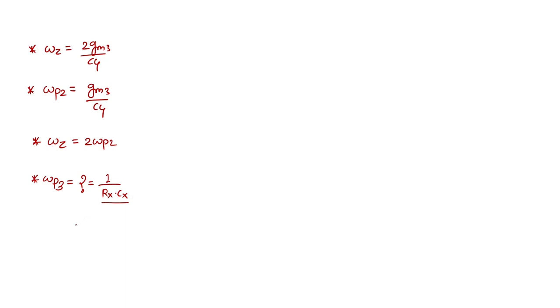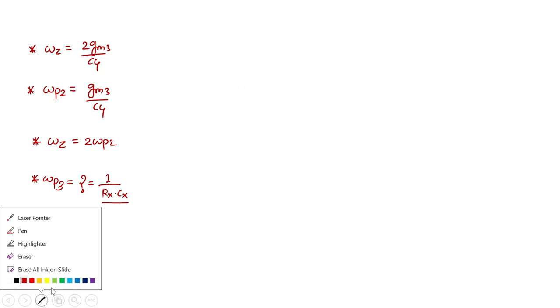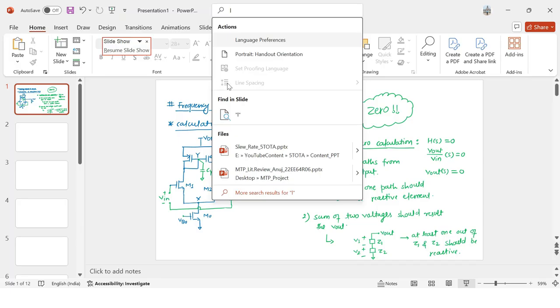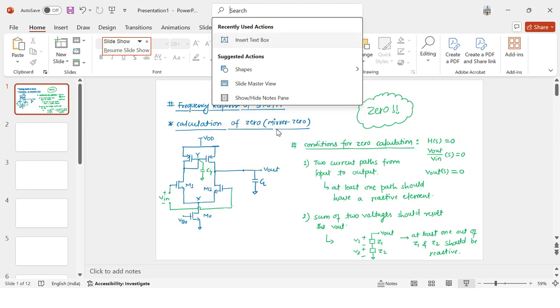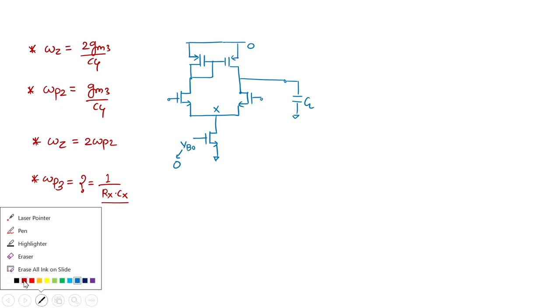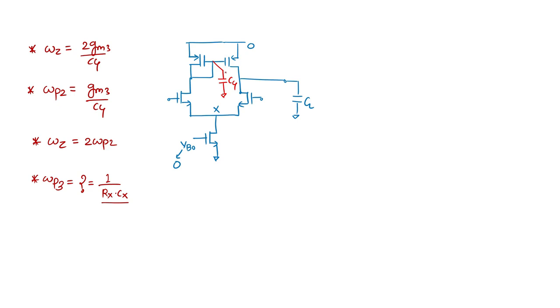Before calculating this pole, I will talk a little more about this zero, the interesting fact I mentioned. As we are calculating the poles and zeros, I am not worried about this voltage; I will simply put it to 0. This is just Cy, and this is my output.